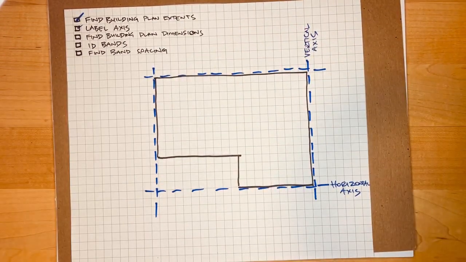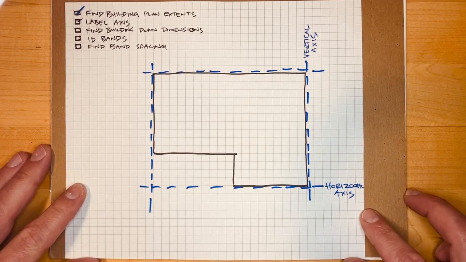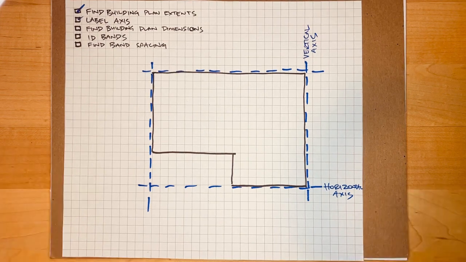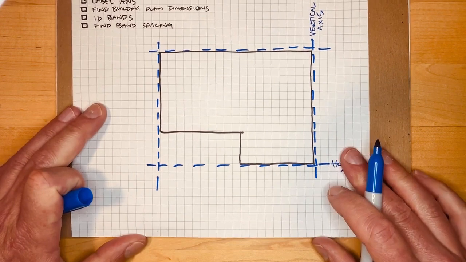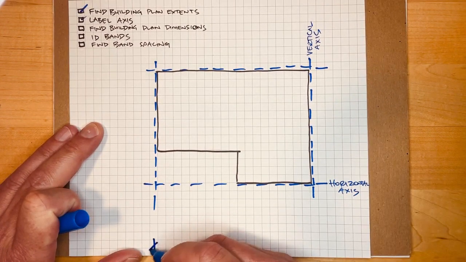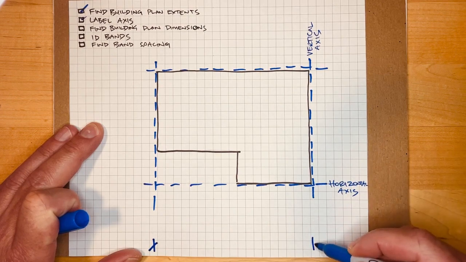Okay. So the next thing we need to do is find the building plan dimensions. To do this, we're trying to understand how those horizontal and vertical axes intersect. In this case, it's pretty clear. Our building plan dimensions along the horizontal axes are going to be from this point to this point.